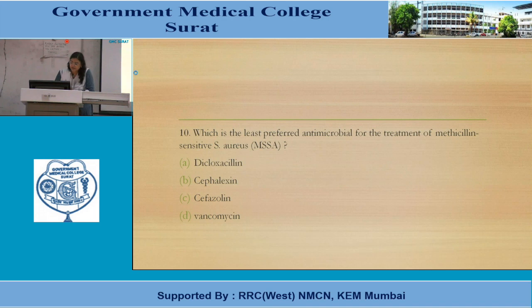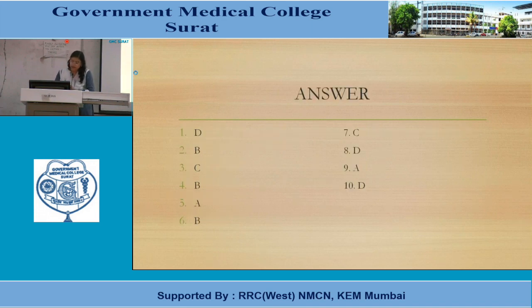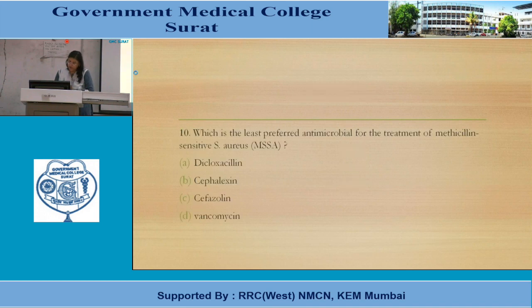Which is the least preferred antimicrobial for the treatment of methicillin sensitive S. aureus? So the answer is D, vancomycin, because it's a methicillin sensitive S. aureus, so there's no need to use it. It is the drug of choice for MRSA. So for MSSA, usually we don't give vancomycin.